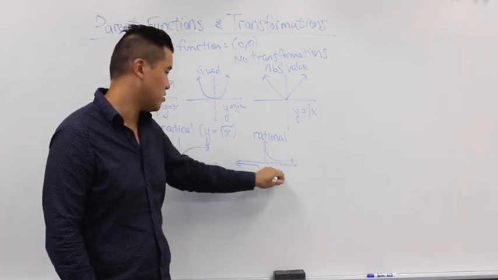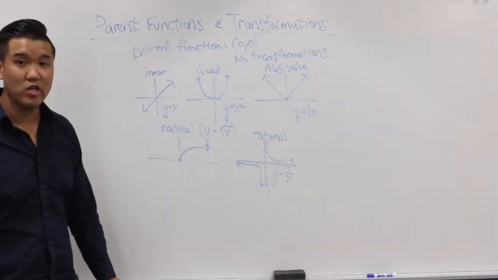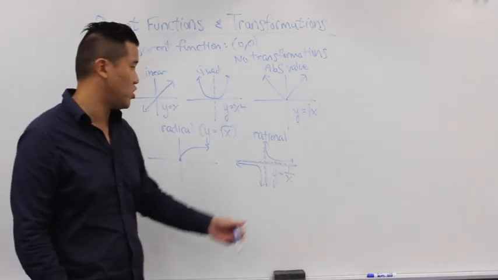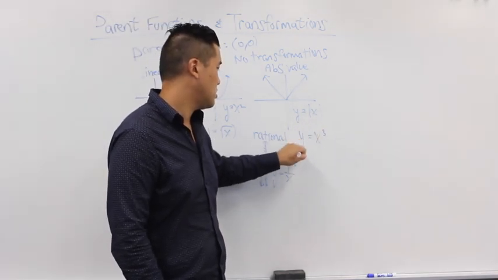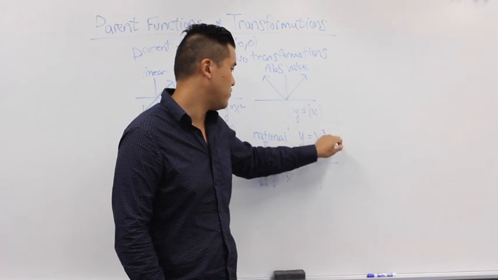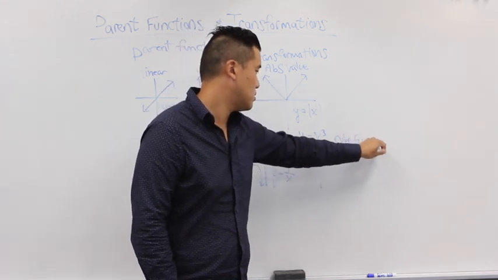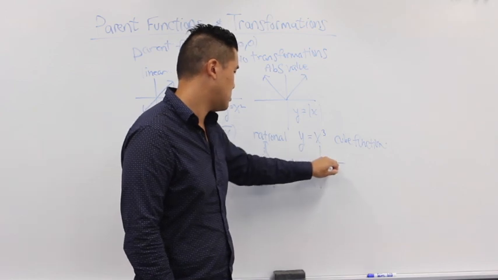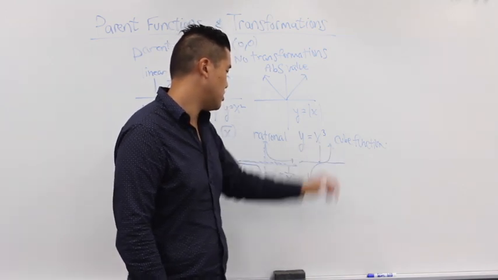Functions like that, so y equals 1 over x. And you also have trig, and you have x cubed, the cube function. It starts at 0, 0, goes through 0, 0, looks like that.